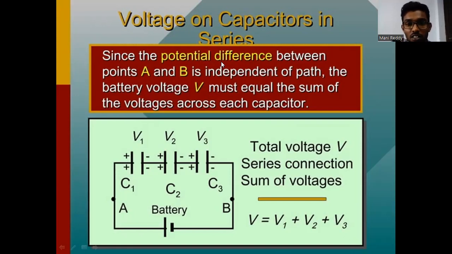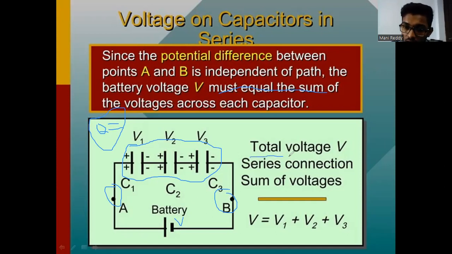We will see that the potential difference between the points A and B is the battery voltage V. But the voltage across each capacitor is not equal, though the charge is the same.